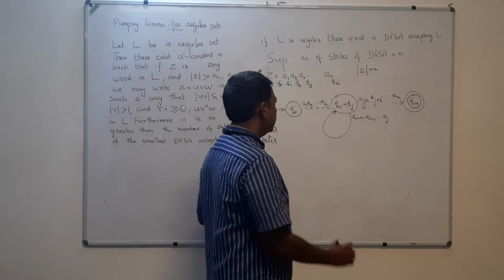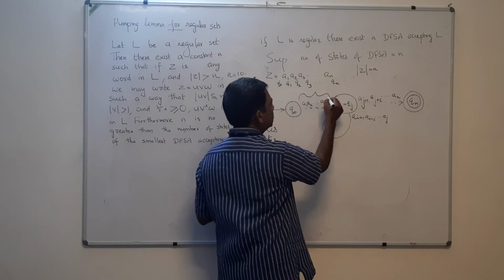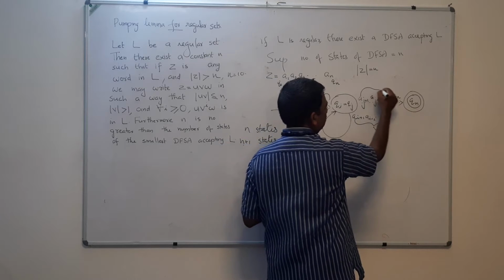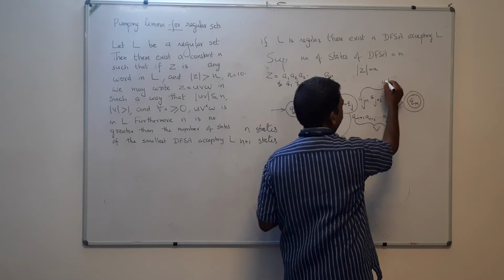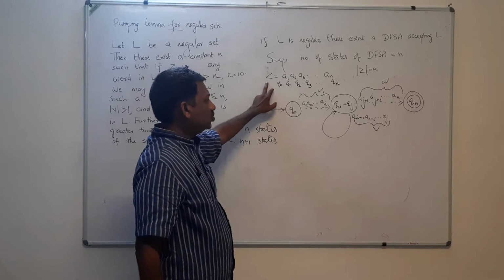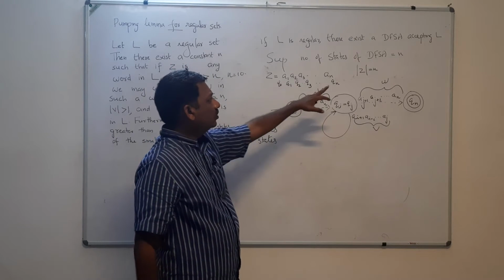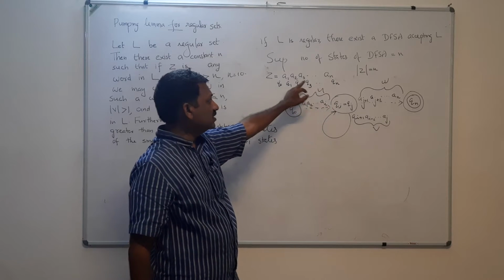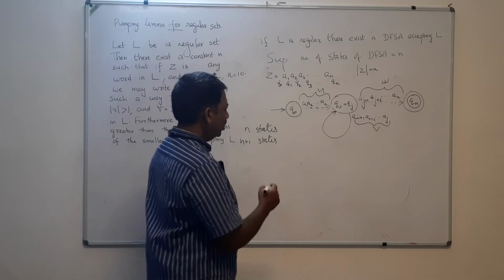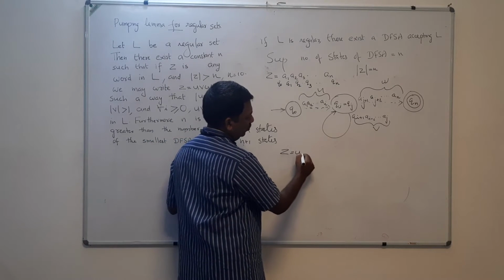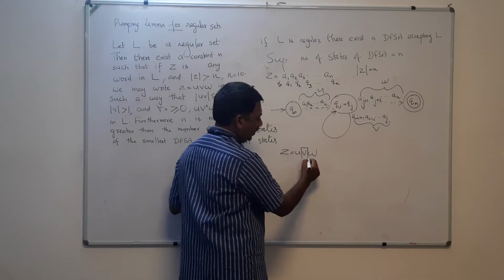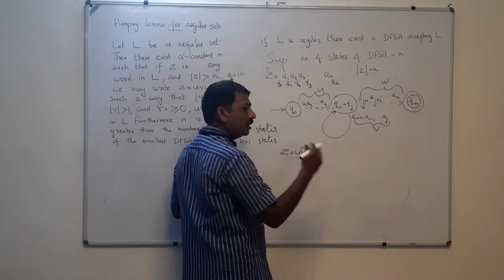Here we treat the first part as U, the loop as V, and the last part as W. You have chosen Z such that modulus of Z is equal to n, and now you have split your input into Z equal to UVW, and here V can be pumped any number of times.